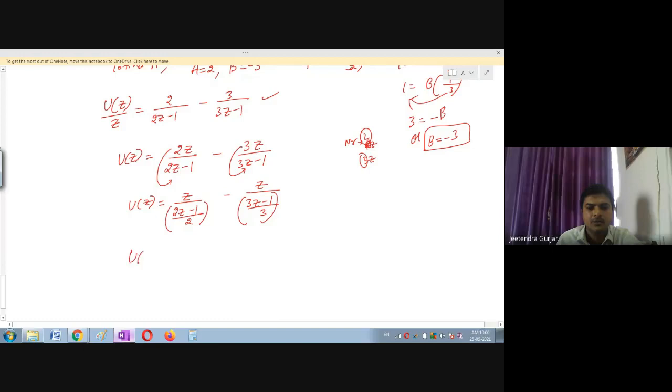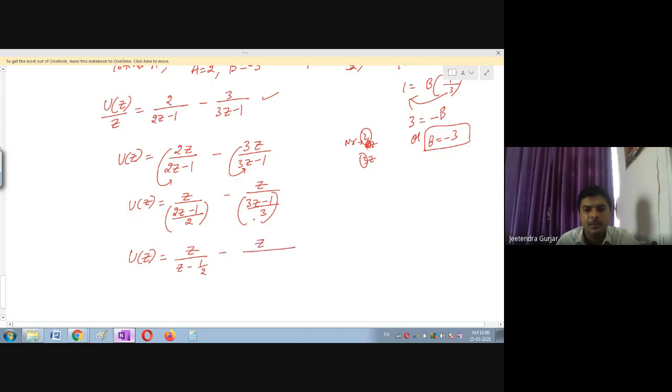So now U of Z is equal to Z divided by 2. I will take both, 2Z upon 2 will become Z, minus 1 upon 2, okay, students, minus again Z divided by 3.